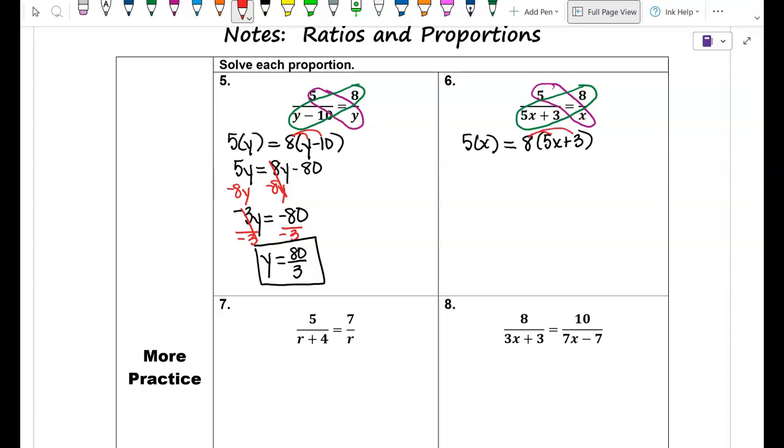Again, we're going to distribute. So I have 5x equals 40x plus 24.